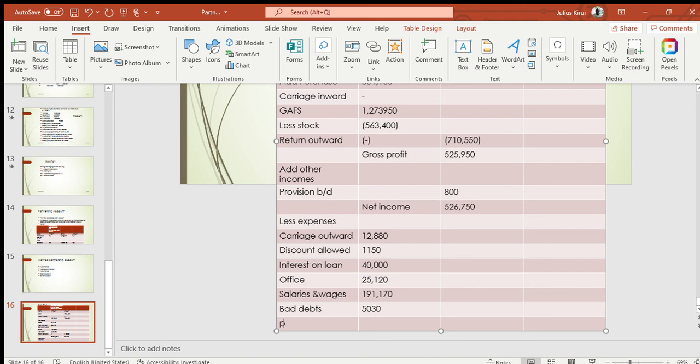No, provision for depreciation. So we have depreciation for what? Fixtures. 10% on reducing balance. So reducing balance means we do what? Fixtures is 110,000, less provision for fixtures 33,000. What do you get? And then you do the 10%.